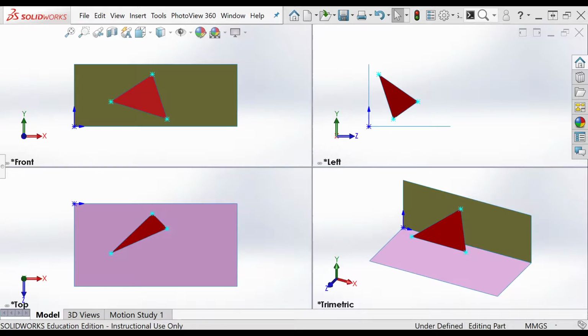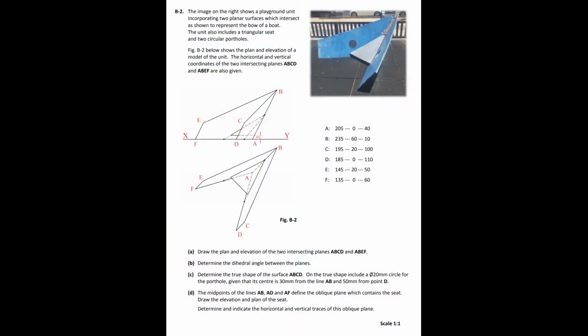So what I'm referring to there is, if we look at a question, this is one of the Leaving Cert questions, we're given coordinates for each of the points A through F. So for A, we're told that it's 205, 0 and 40, and that is an x, y and z value.